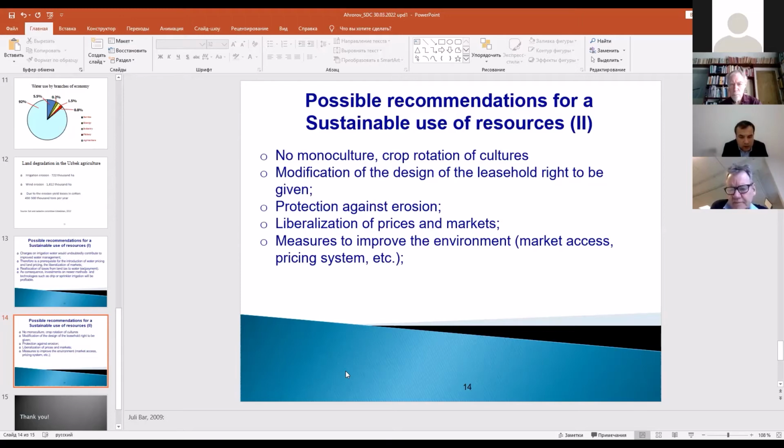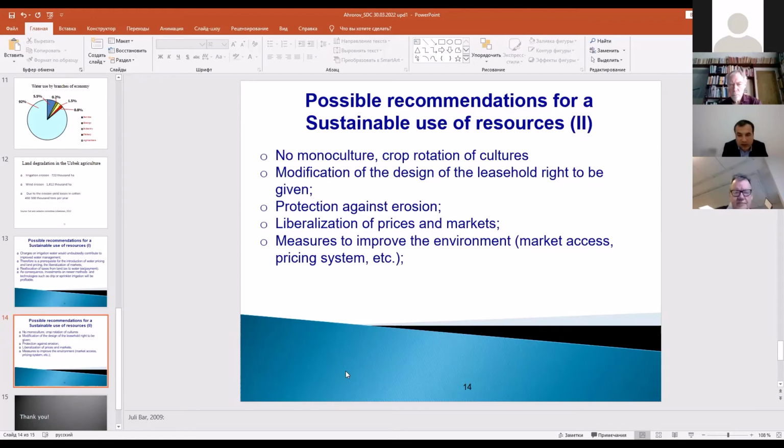And of course, protection against erosion, especially in mountain areas, which we could see in the film presented by Lars before the break, could also be really useful for Uzbekistan.